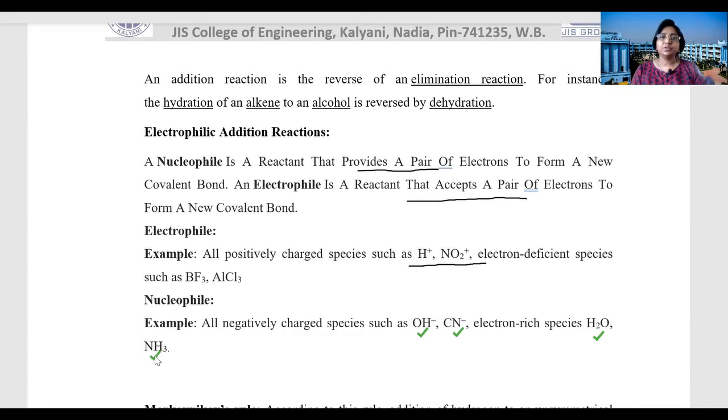So electrophiles accept electrons, nucleophiles provide electrons. Just remember, okay?